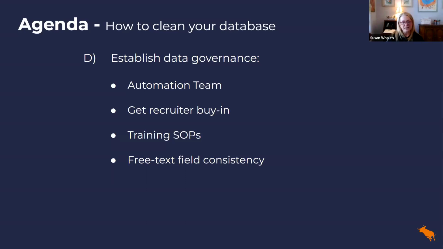And just lastly, one other item to think about when discussing data health with your recruiters and with the automation team is to come up with some standards so that you have consistent information in particular fields. For example, mailing addresses. Do you use abbreviations for street, ST, or are you spelling street out?